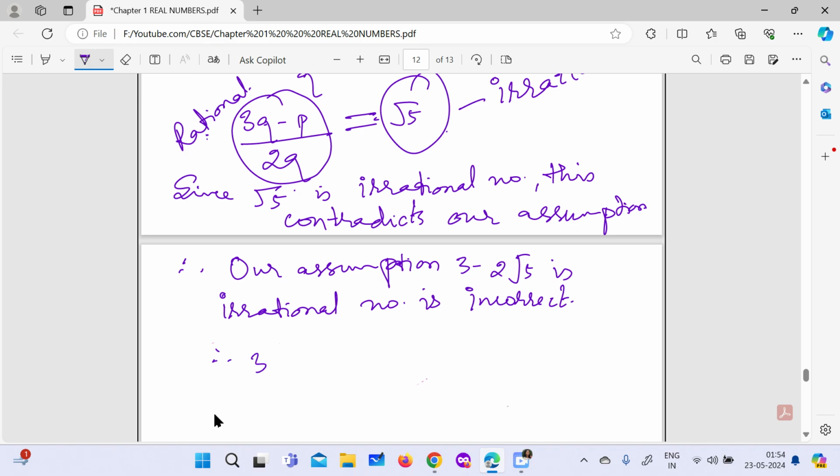Therefore, 3 minus 2 root 5 is an irrational number. I hope this is clear to everyone.